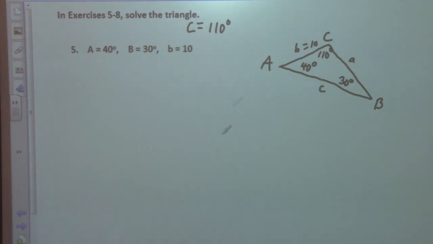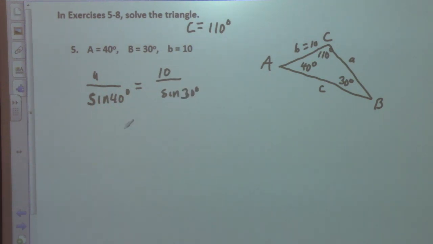So now we can solve for our unknown sides, right? In this case we have little a over sine of 40 degrees equals 10 over sine of 30 degrees. That looks like 5, doesn't it?